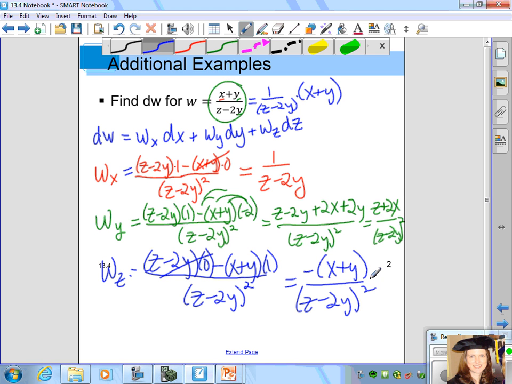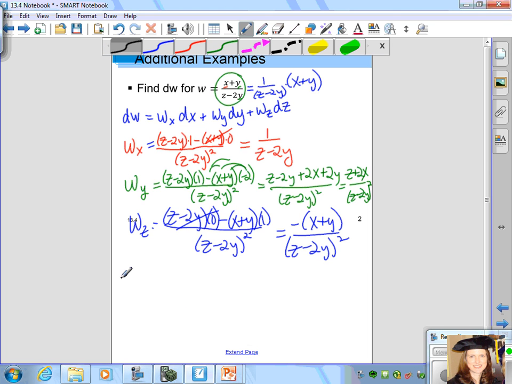You've got to put them all together to make the total differential. So your total differential dw is equal to 1 over z minus 2y dx.